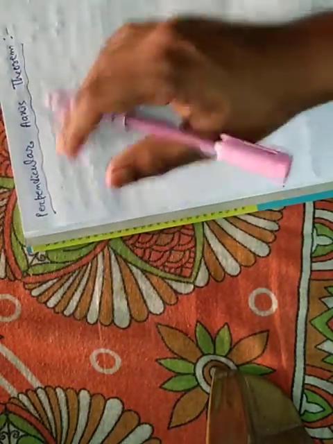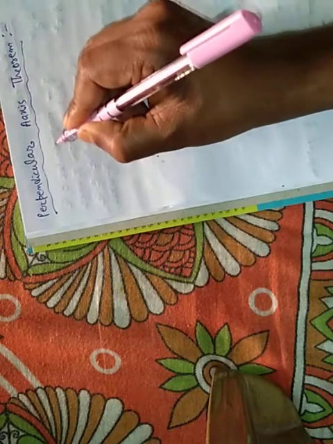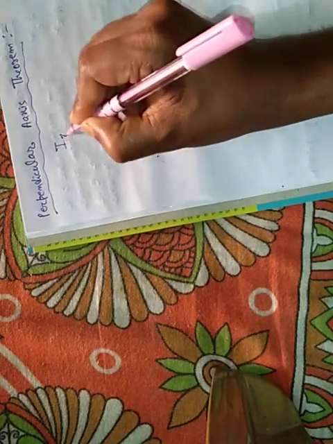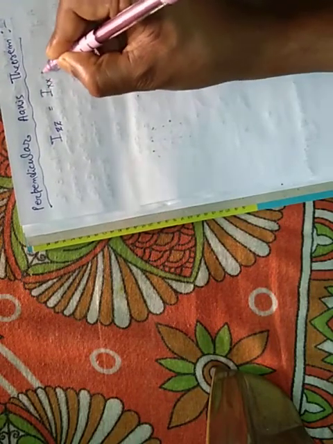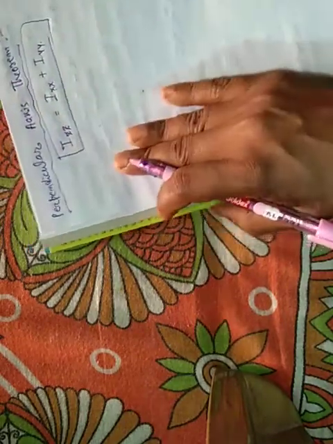Actually, in the perpendicular axis theorem, IZZ is equal to IXX plus IYY. What is the statement of the perpendicular axis theorem?